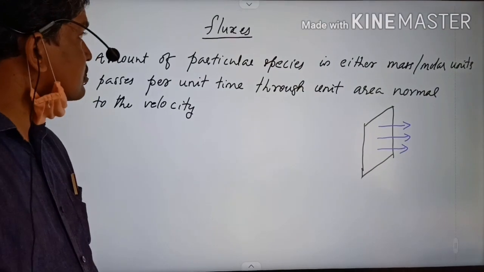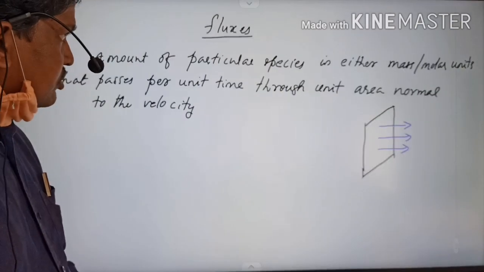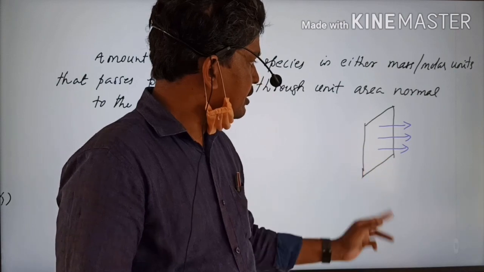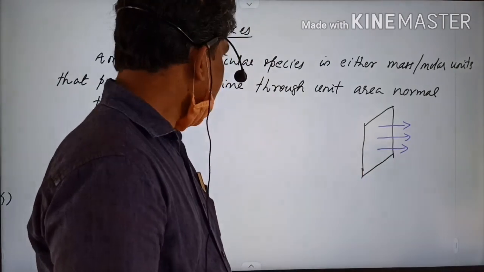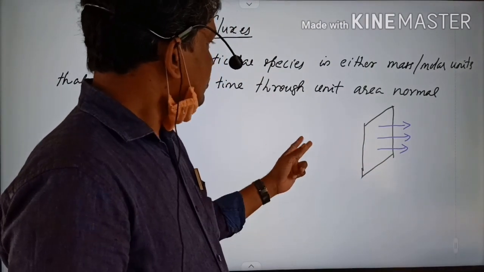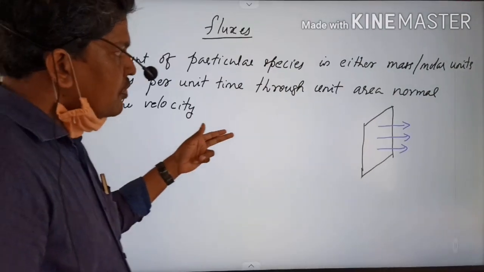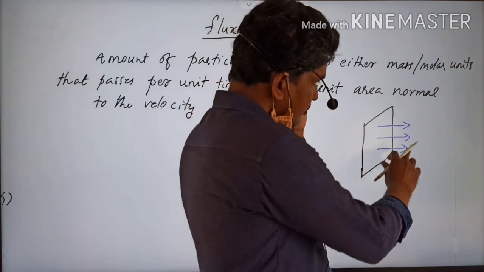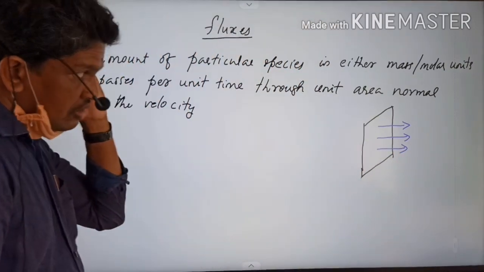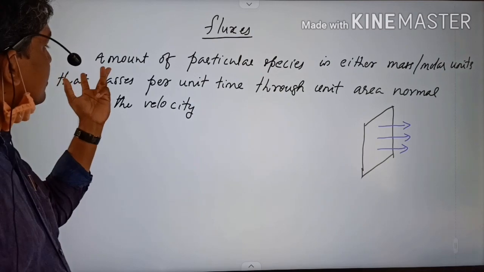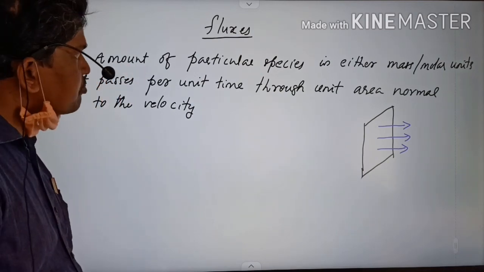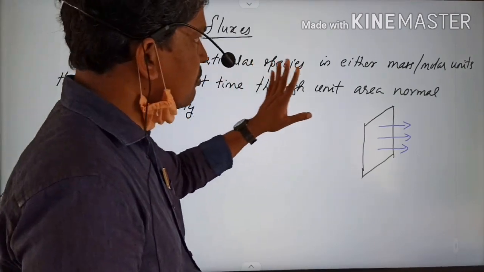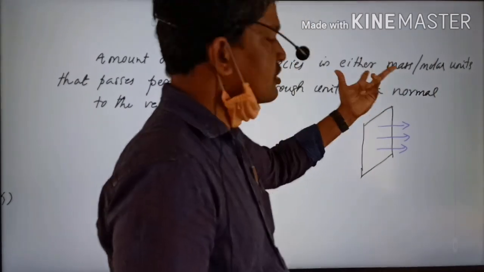Next is fluxes. Fluxes means consider an area of cross section. Suppose a component passes through this area with a velocity V normal to the surface. Then the flux is defined as the amount of a particular species, in either mass or molar units, that passes per unit time through unit area normal to the velocity. You can express the flux either in terms of mass or molar, that is mass flux and molar flux.